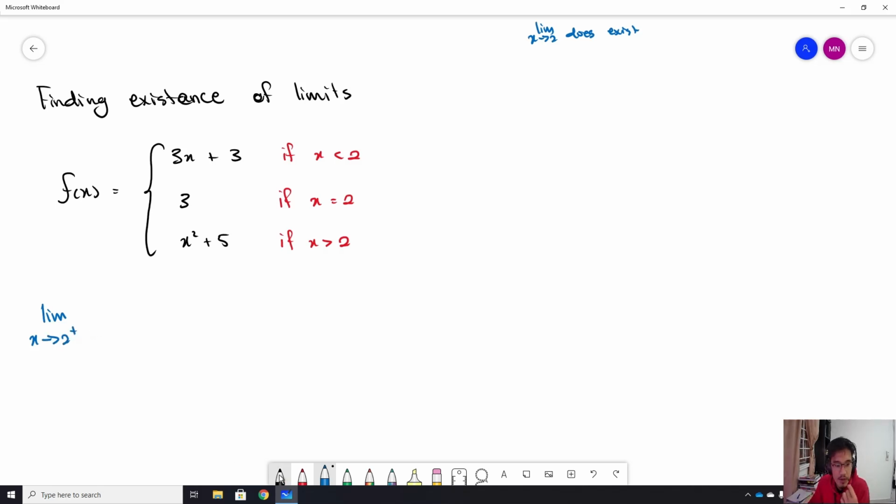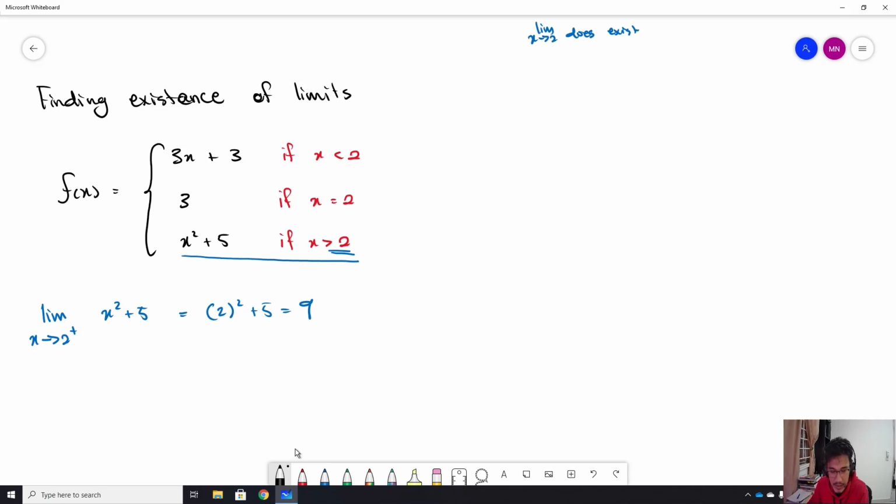So since we want to find x approaching 2 from the right, so we need to choose this equation, because this equation consists the region of x is bigger than 2, and then our limit is also coming from the right, which is the number bigger than number of 2. So then we choose x square plus 5. So then we take 2 square plus 5, we get here is 9.